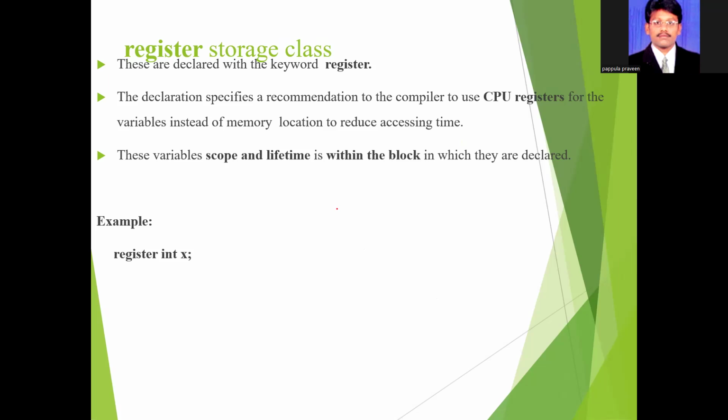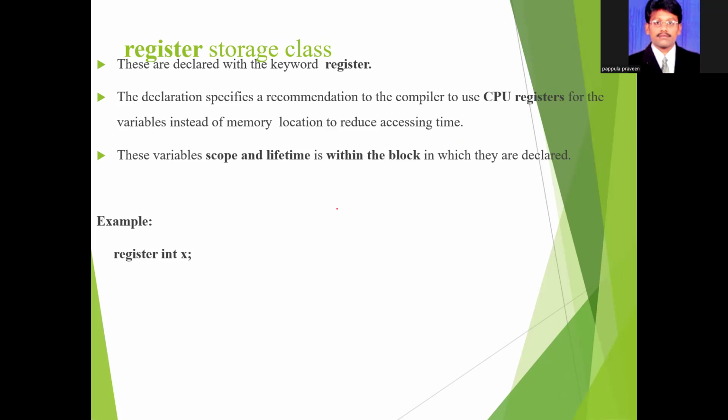Already we know, first we check the primary memory, next the secondary. If the variable is available in the CPU registers, we don't need to check primary memory or move to secondary memory, so we can reduce the access time. That is the main advantage of using register.